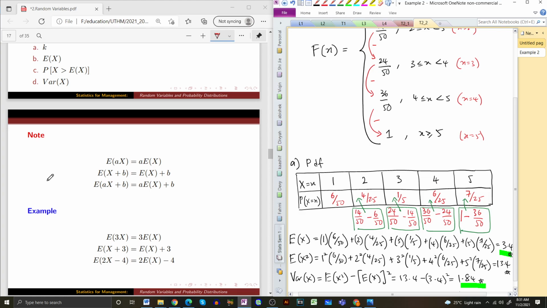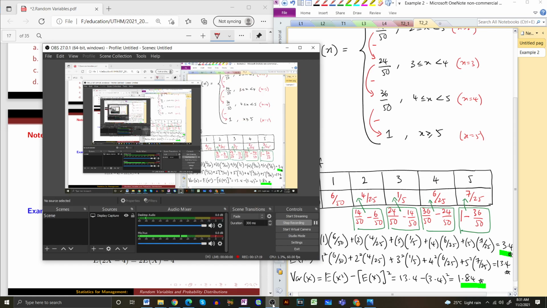So now we have learned how to find the expected value, which is the mean, variance and standard deviation.